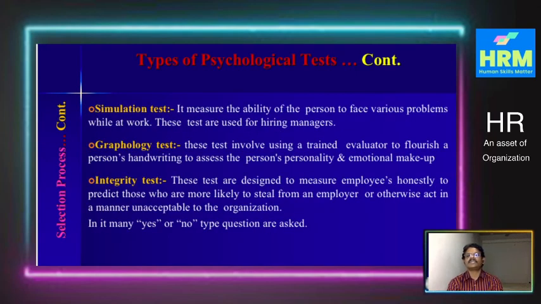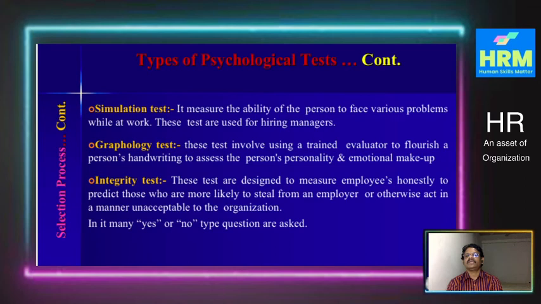And the simulation test measures the ability of the person to face various problems while at work. These tests are used by hiring managers. So that is a simulation. The graphic test involves using a trained evaluator to analyze a person's handwriting to assess the person's personality and emotional makeup.